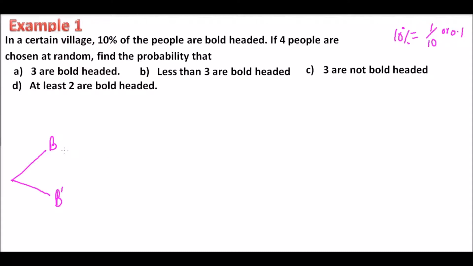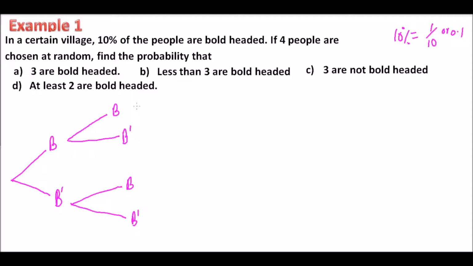So you can choose the first time, you get a bald-headed person. Then you choose the second time, you can get a bald-headed person, or you can get a person who is not bald-headed. You move to the other branch, first time you have bald-headed, second time you have bald-headed, or you can have somebody who is not bald-headed.